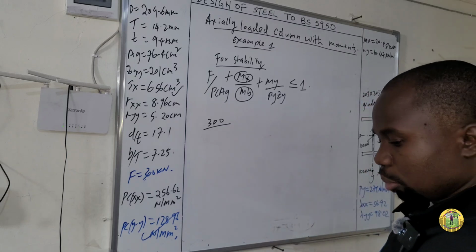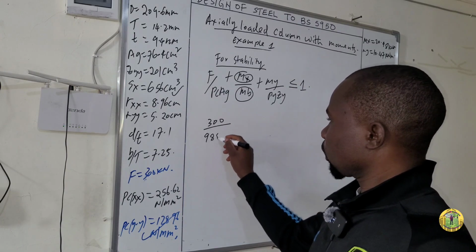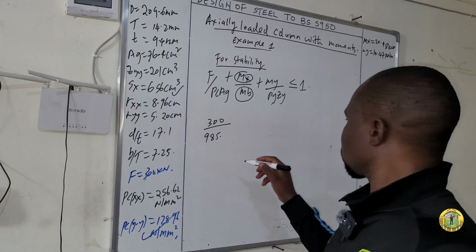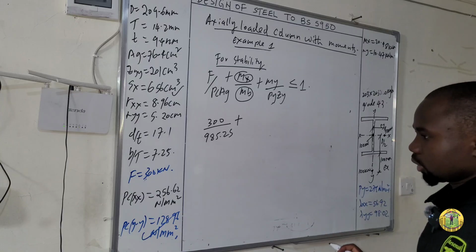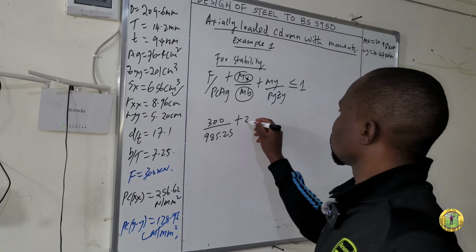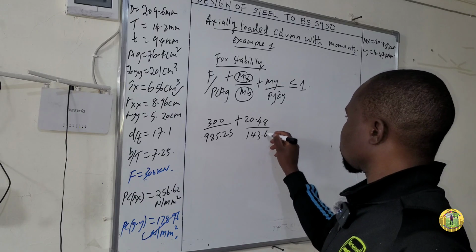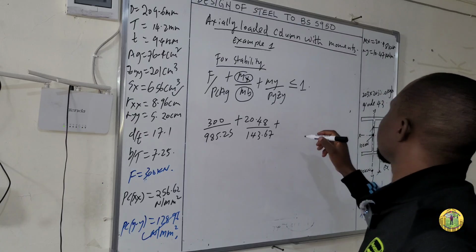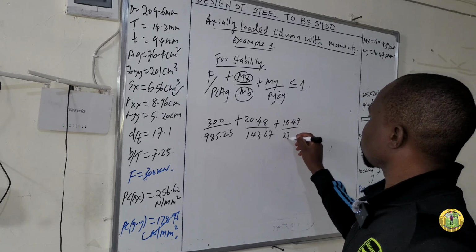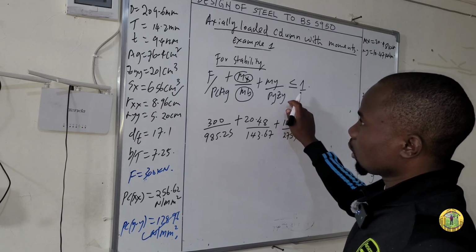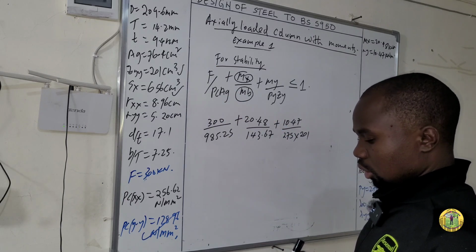Our PC times AG, we have already calculated that, is 985.25, plus MX, which is 20.48, all over MB, which we already have as 143.67, plus MY, which is 10.47, all over PY, which is 275, times ZY, which is 201.